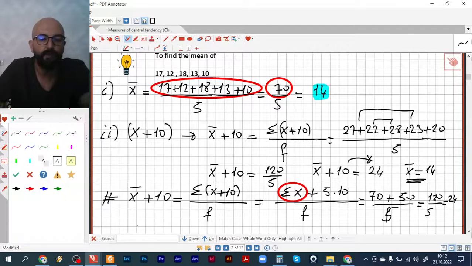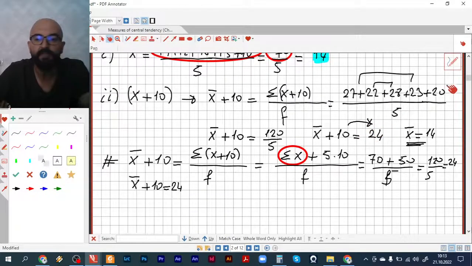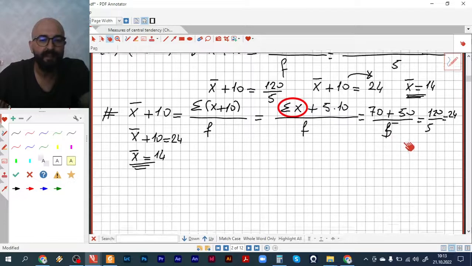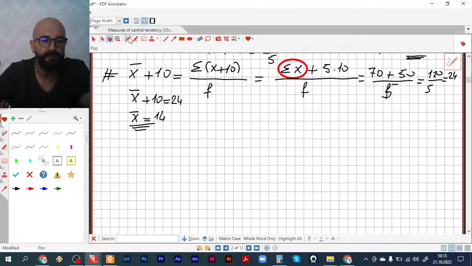But 24 is 10 more than the mean, so the mean becomes 14.